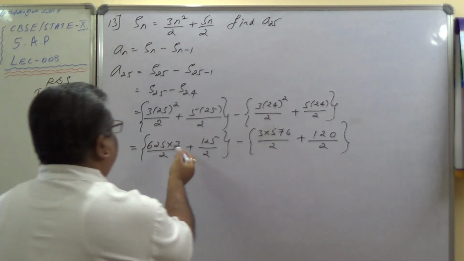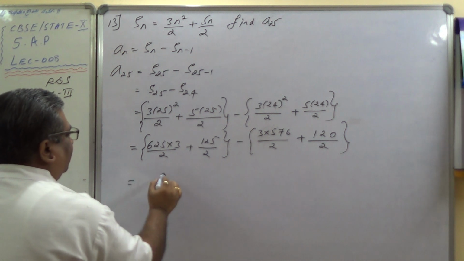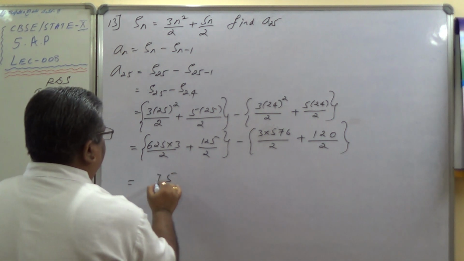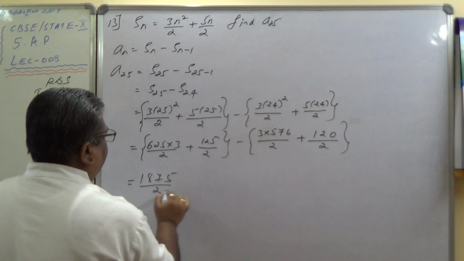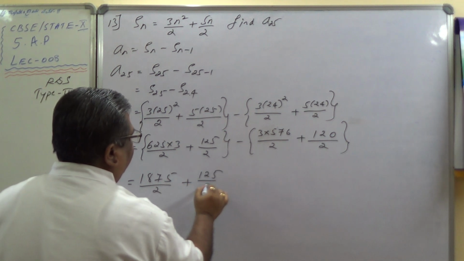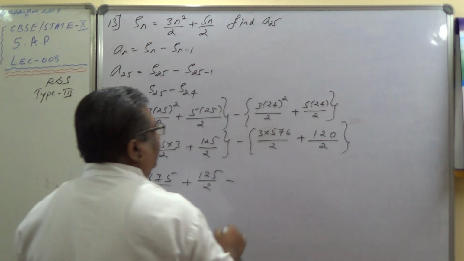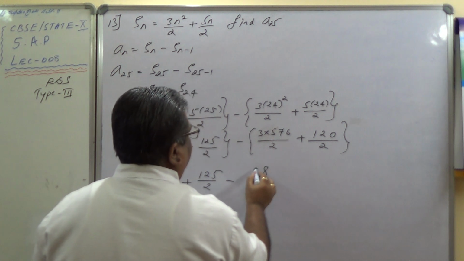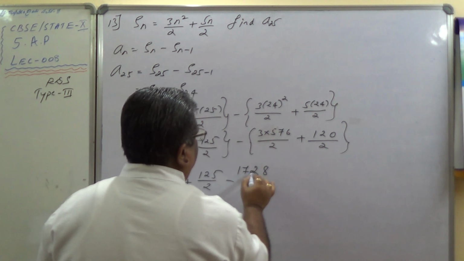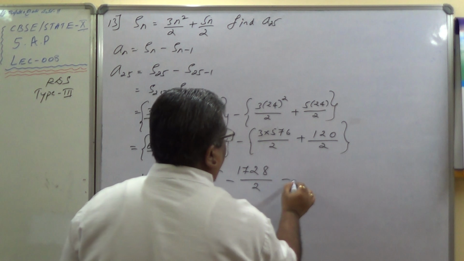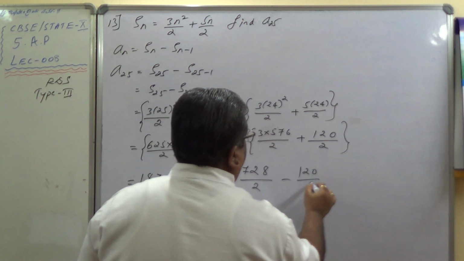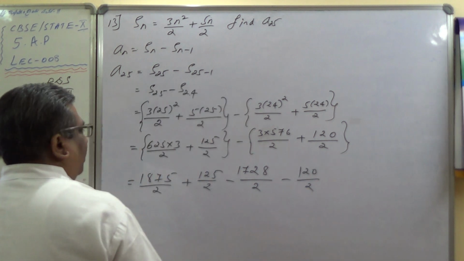So finally I can convert this and find it. Plus 125 by 2 minus of 120 by 2. Correct?